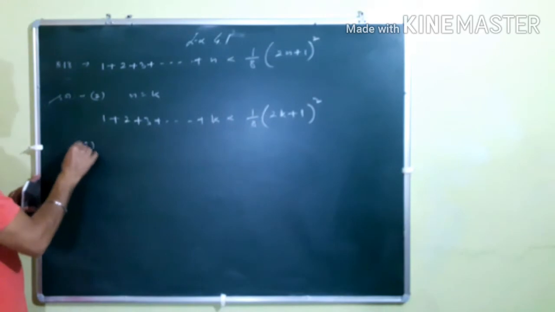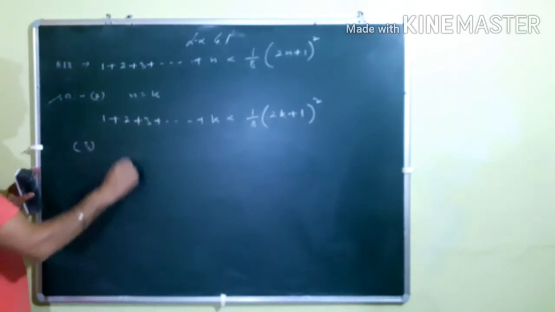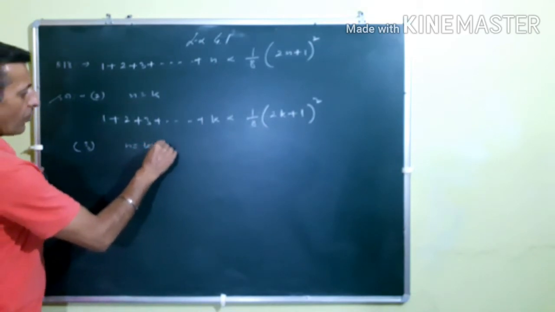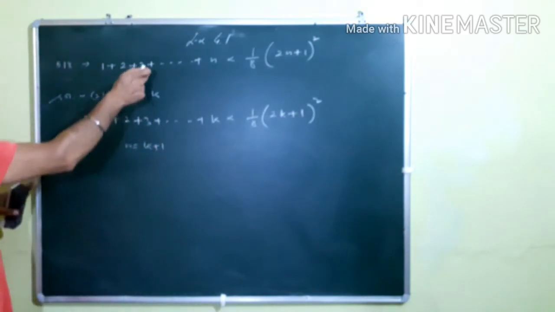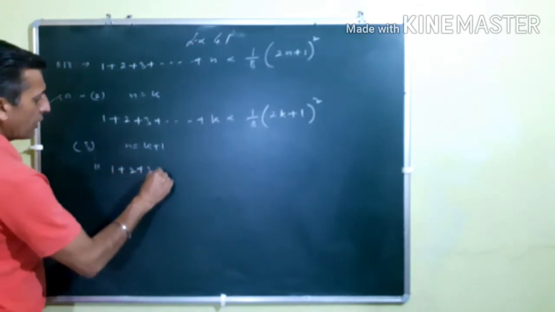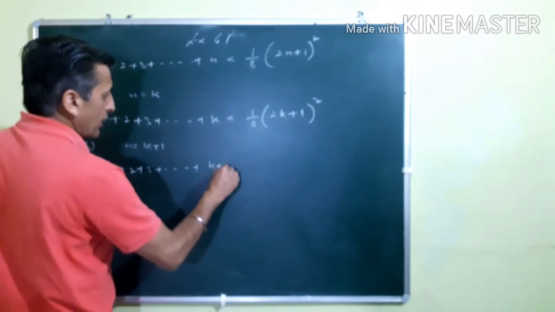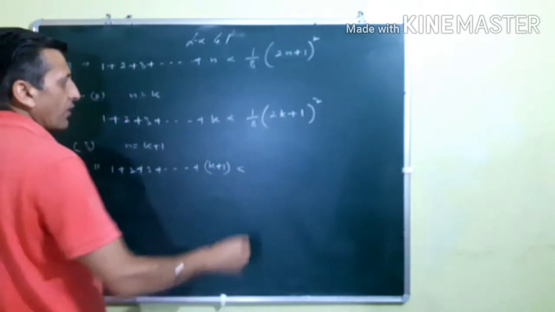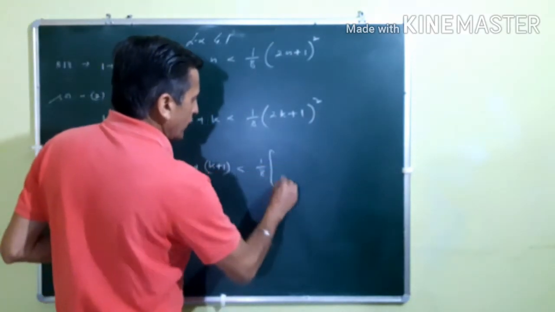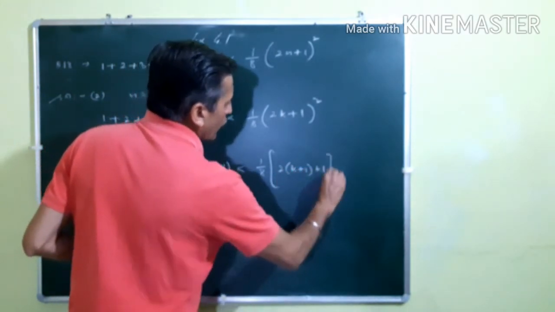Okay, step number 3. Now we shall prove that the result is true for n equal to k + 1, means when n is replaced by k + 1, let us see what happens. It's 1 + 2 + 3 and so on, n replaced by k + 1, so up to k + 1 is less than 1/8 (2(k + 1) + 1)².